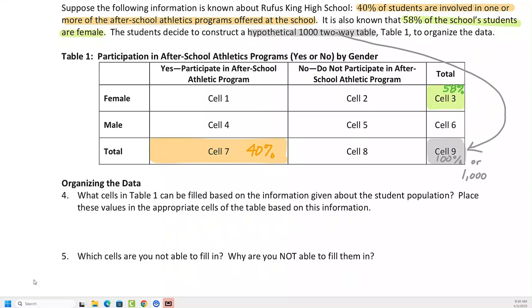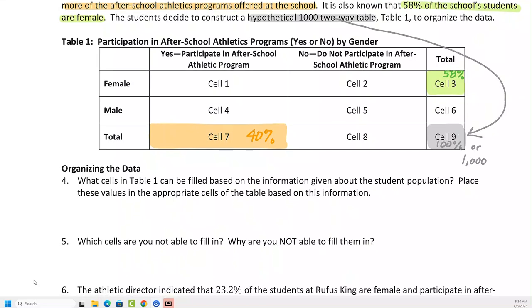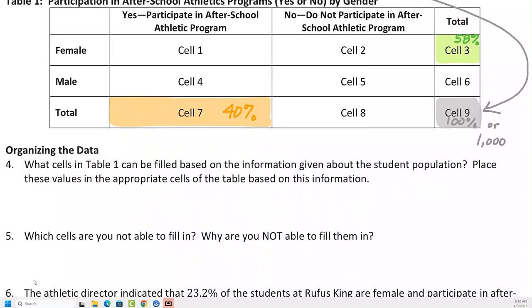So in what cells in table 1? Okay, well, we can look and see. We know cell 3, don't we? Cell 3, this is 58% of the school population is female.